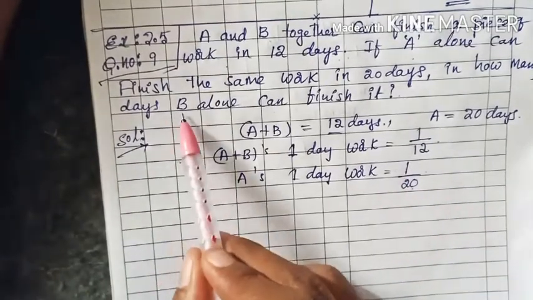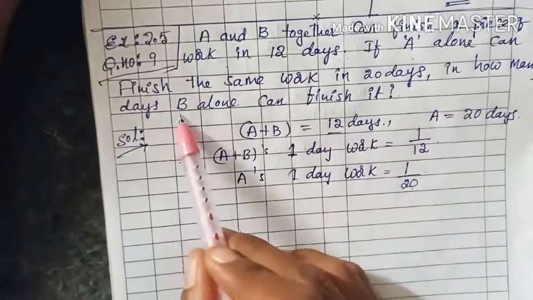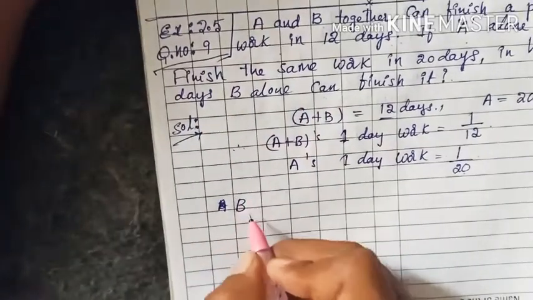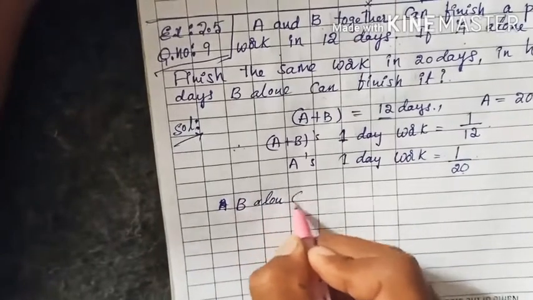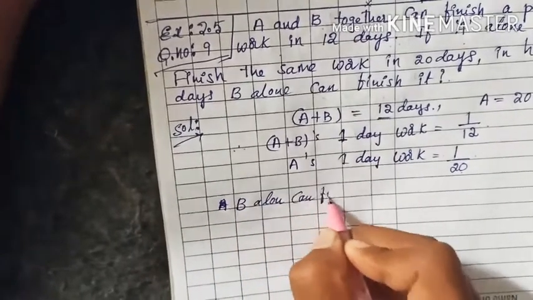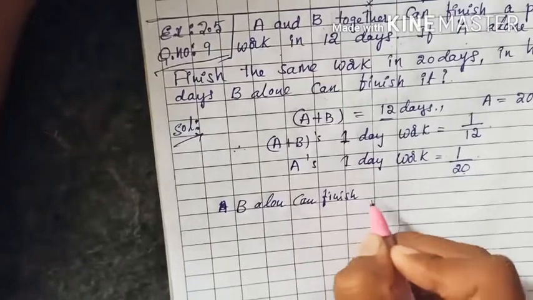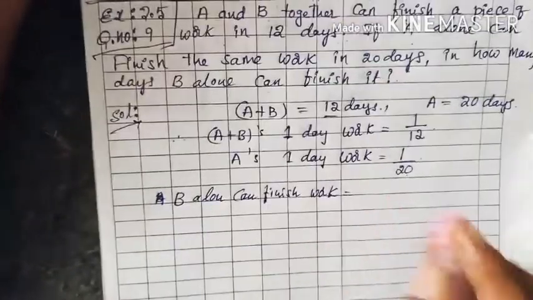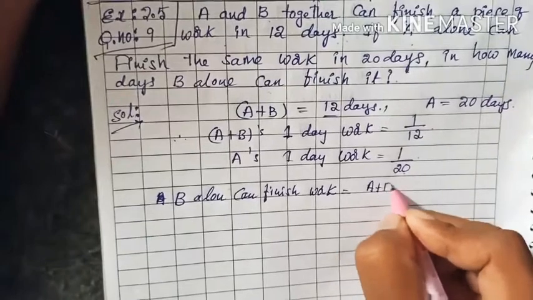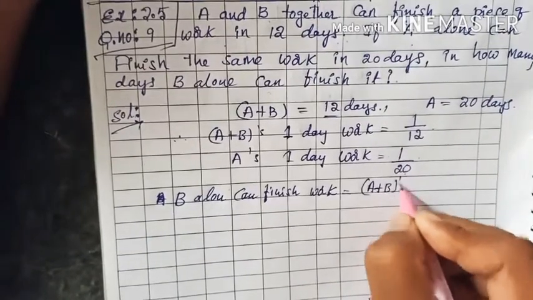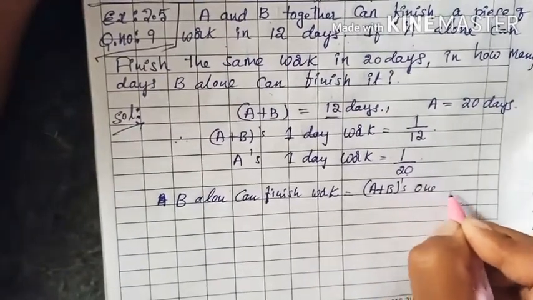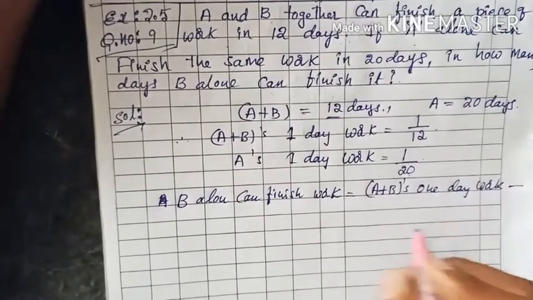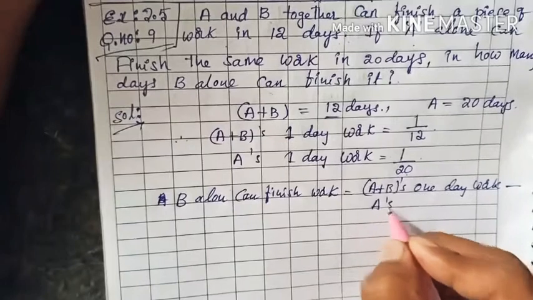But here our task is in how many days B alone can finish it. So B alone can finish the work equal to A plus B's 1 day work minus A's 1 day work.